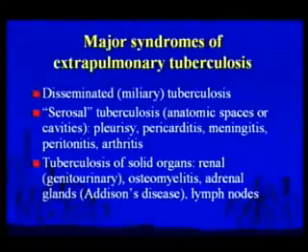Serosal TB, TB of certain anatomic spaces and cavities: tuberculous pleurisy, tuberculous pericarditis, tuberculous arthritis, tuberculous peritonitis, and tuberculous, which did I leave out, meningitis.